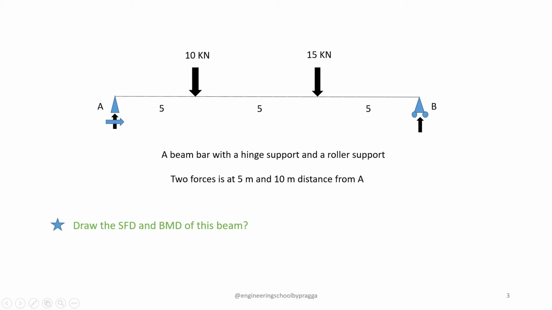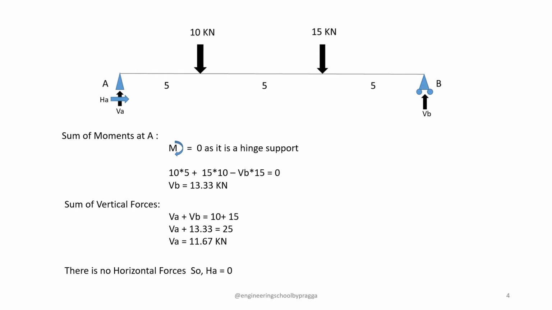So let's start. First of all we have to calculate the support reactions at A and at B. We know that a hinge resists no moment, so the summation of moments at A is equal to 0.